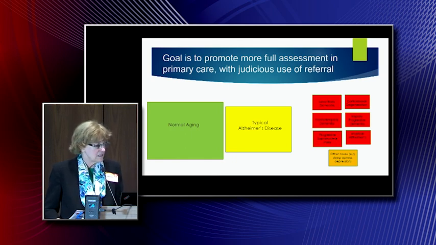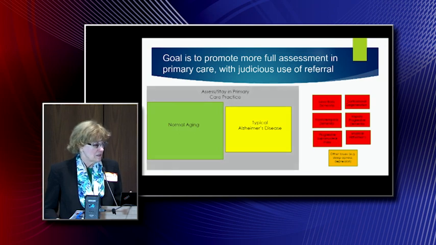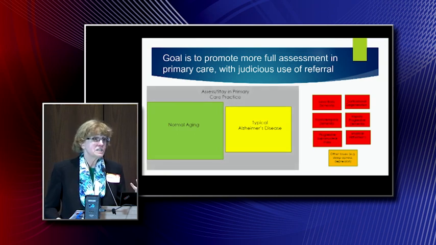So the idea is, with the use of the toolkit, the normal aging, Alzheimer's disease, typical Alzheimer's disease, can stay in primary care and will not need a referral. Those that bump up against red flags or show that there's something else going on are going to need a referral.